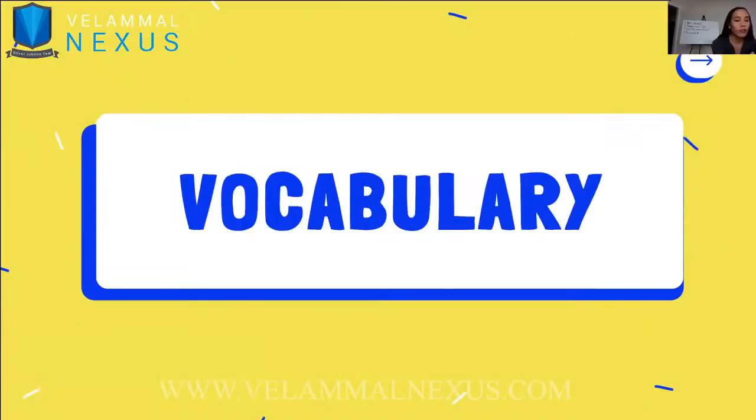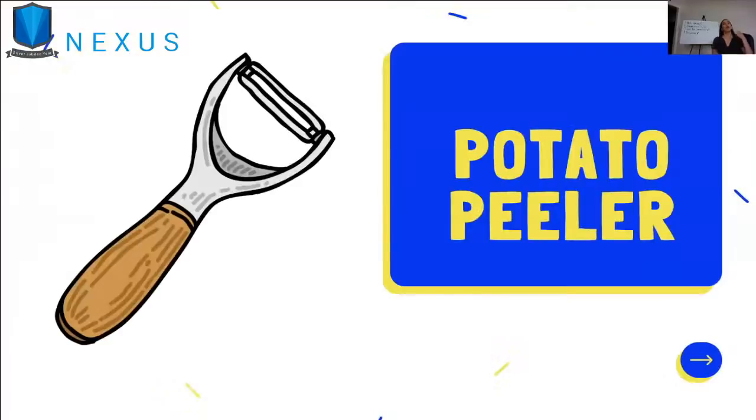So, vocabulary. Potato peeler. So let's repeat that one more time. Potato peeler. Remember that at the same time, because I cannot stop, I have many things to cover. So at the same time that we are pronouncing, you can try to write it down, because we have to cover all those 4 steps, okay?